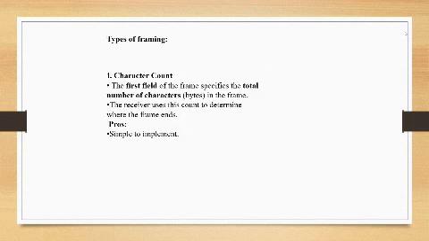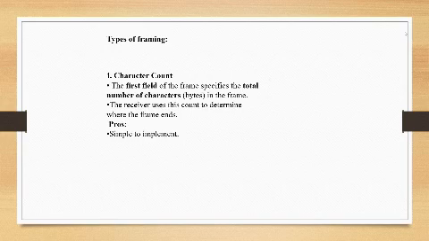The next one is types of framing in CN. The first one is character count. The first field of the frame specifies the total number of characters, or bytes, in the frame. The receiver uses the count to determine where the frame ends.